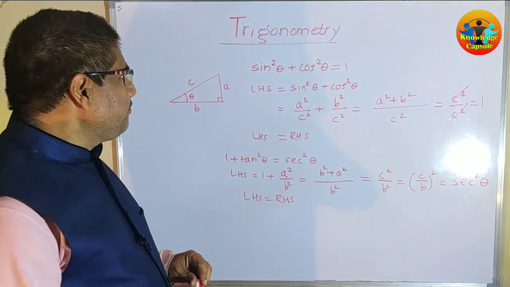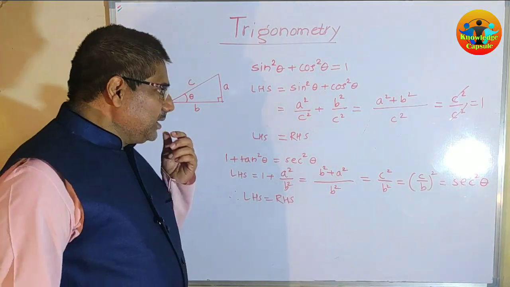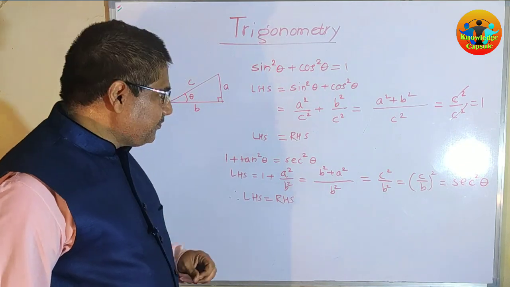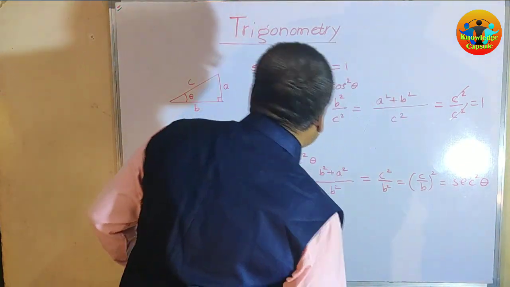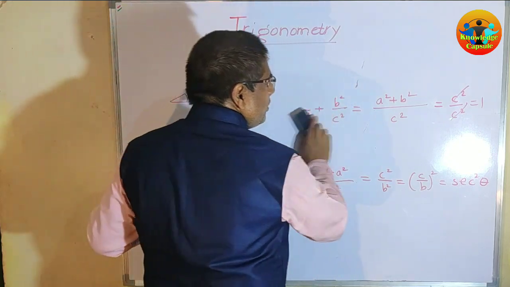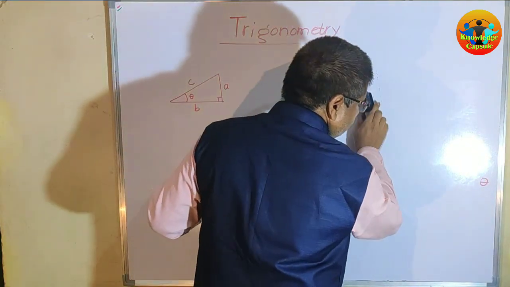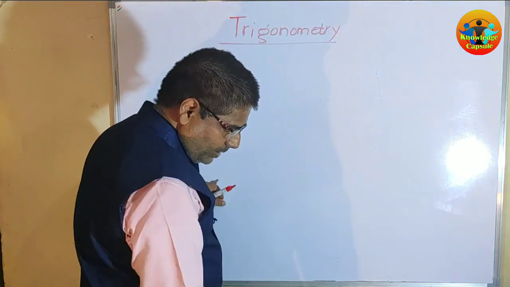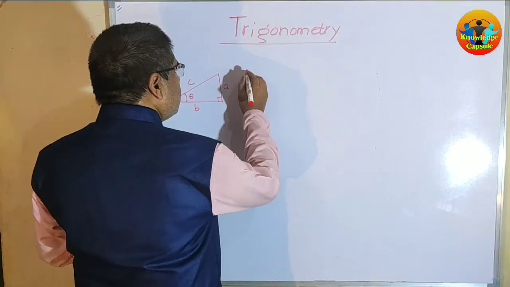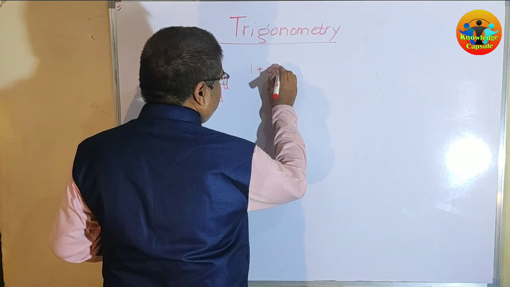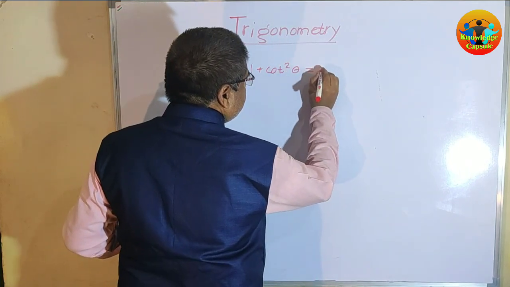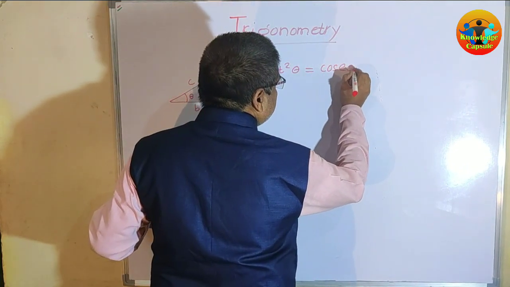Now let us write the third basic relation, that is 1 plus cot square theta is equal to cosec square theta.